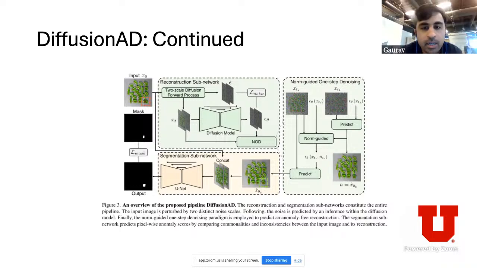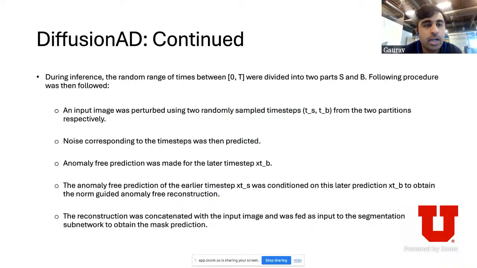In this particular case, they were using a two-step process in order to predict the image. Let me see, I should have a description here.